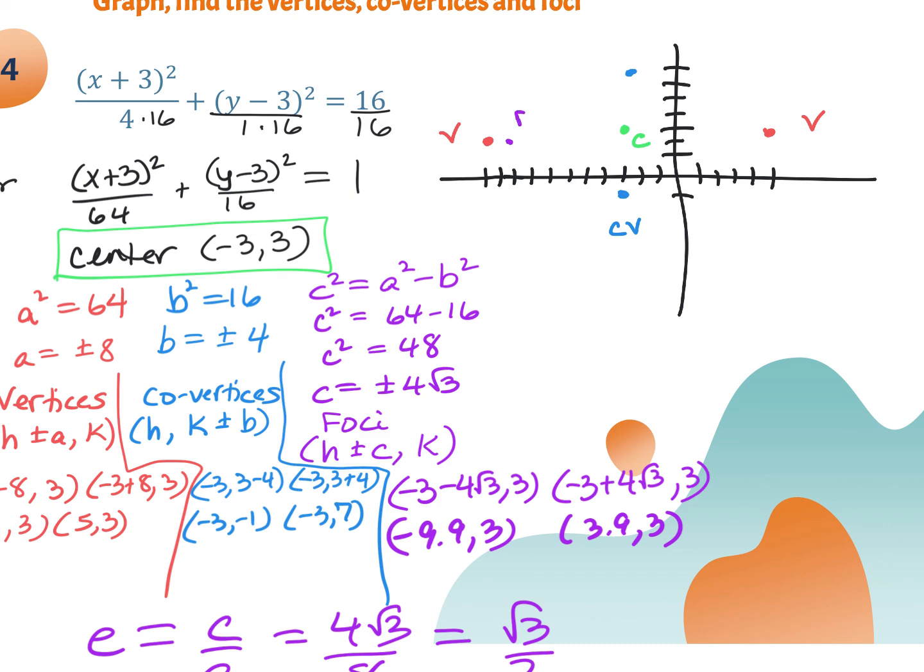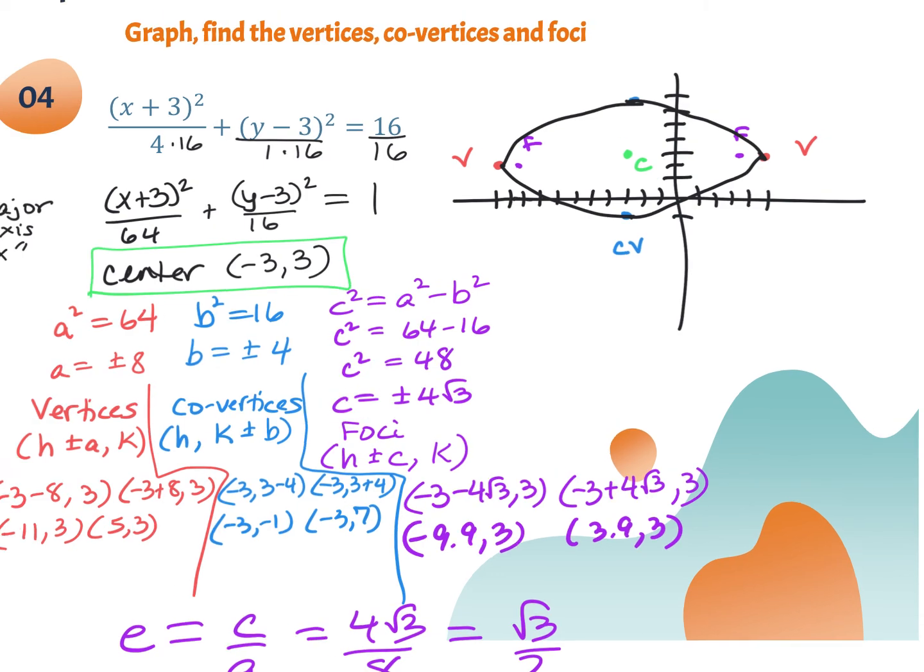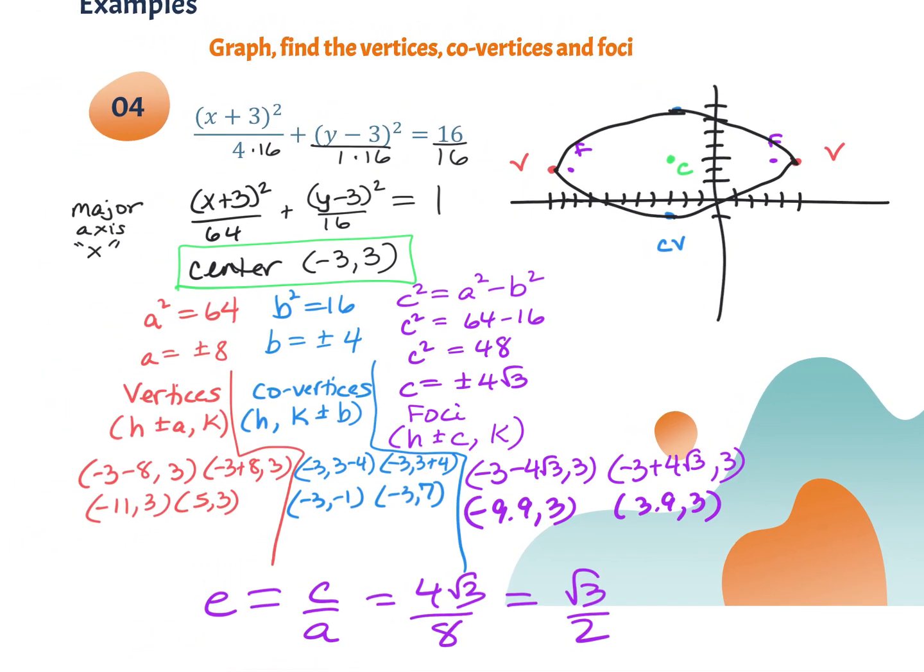So right there. And then 1, 2, 3, 4, a little bit before 4. And again, connect your red and blue and make your oval shape. And you can see how it's longer horizontally because your major axis is horizontal.